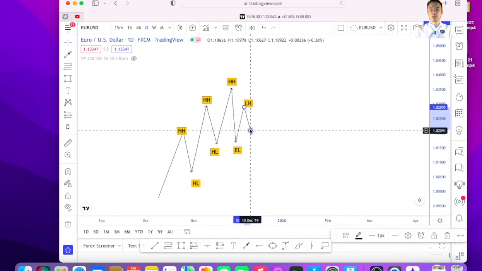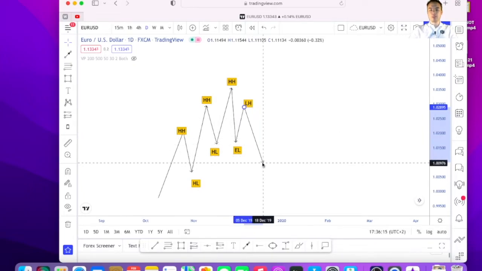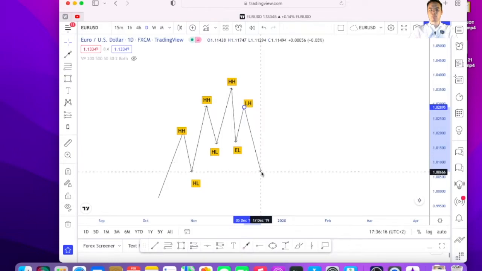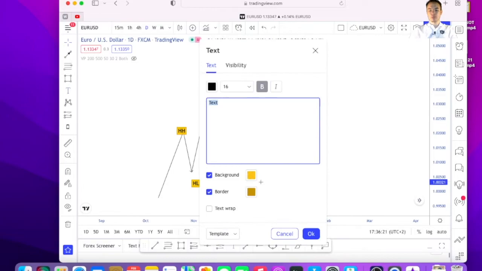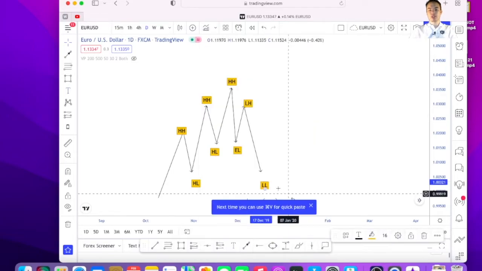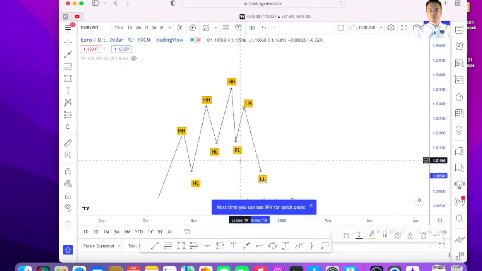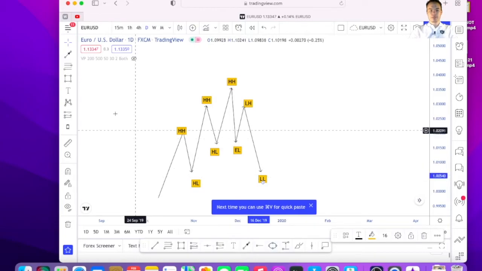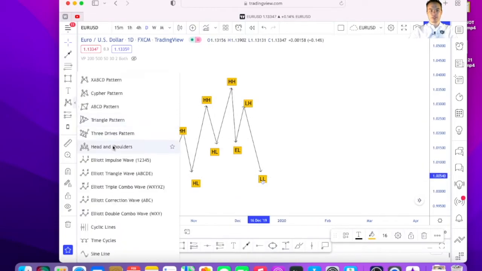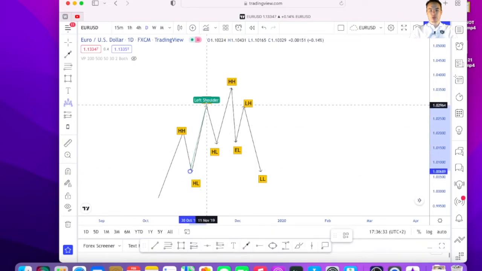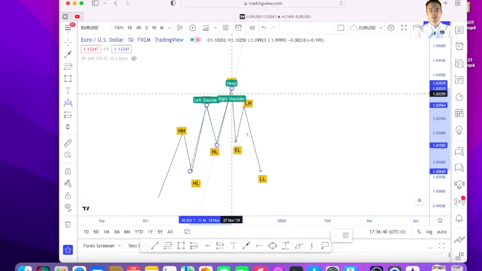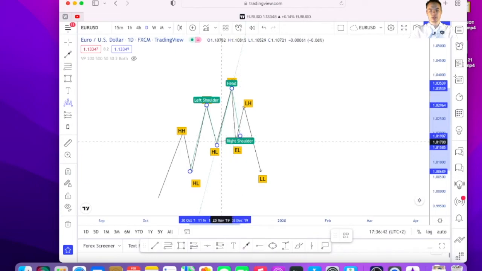So what will happen is price will push down, make a lower low, confirming the downtrend. So as you can see here, price made a left shoulder, this higher high, made a head, the last high. Oops, let me do this over.